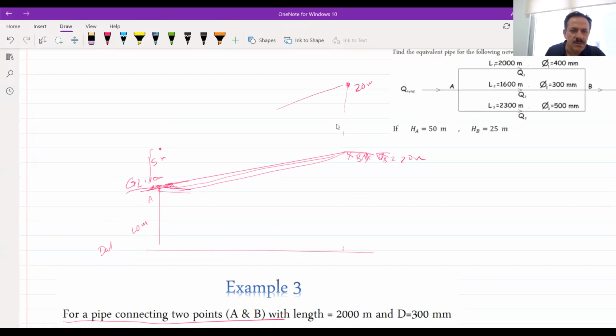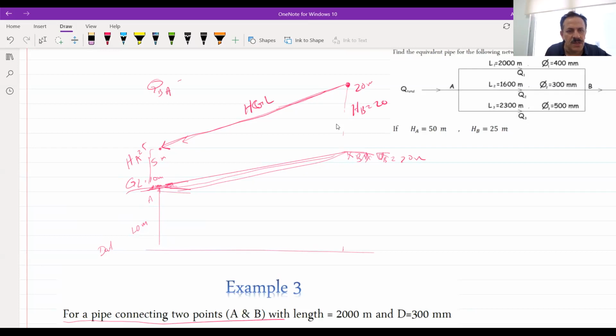It means that the water is coming from B, and this is the hydraulic gradient line elevation. The pressure head at B is equal to 20. The head at A is equal to 5. It means the water is coming from B and going from the high pressure to the low pressure. So the flow, the Q, is from B to A.